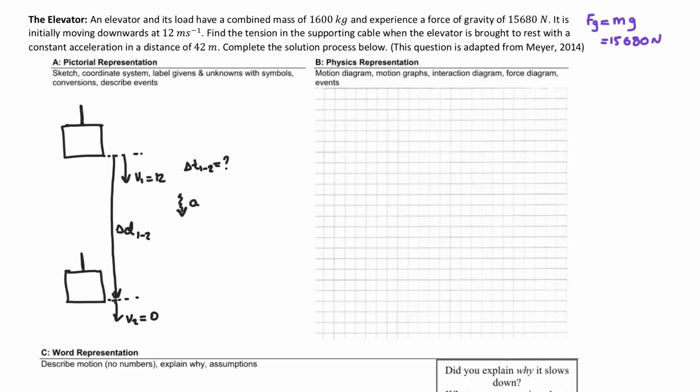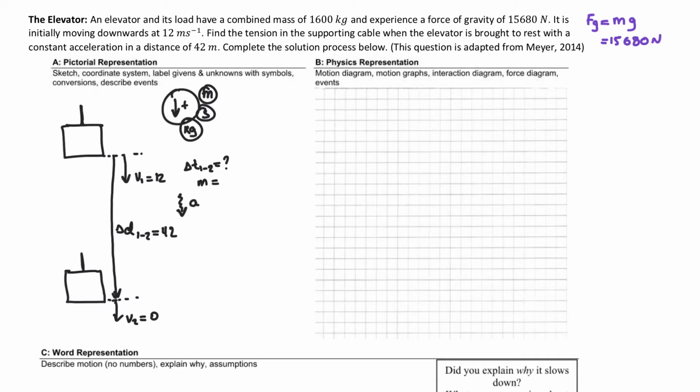I'm going to take down to be positive, and I'm going to use units of meters and seconds, and this time kilograms for mass. This is 42 meters, and the mass is also given to us, so I'll just write the mass as well.